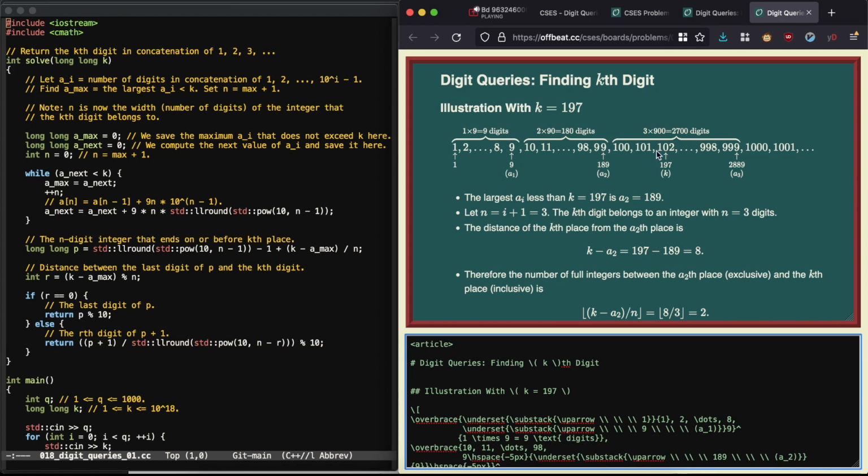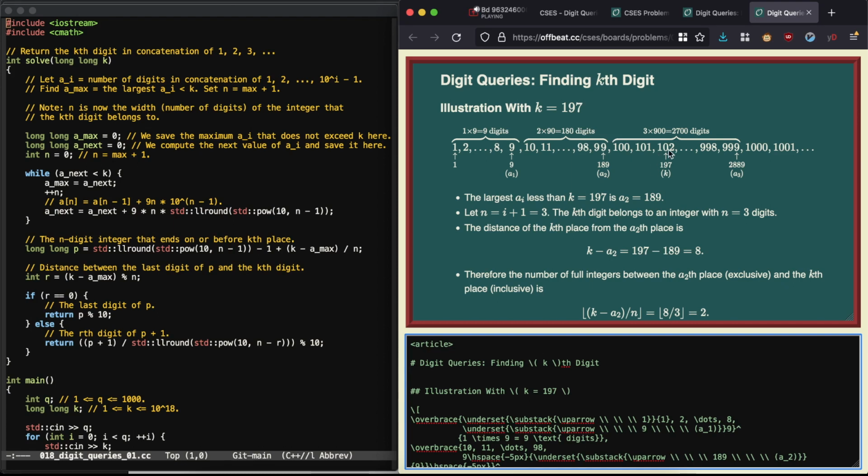The next question is, how many extra digits are there? There is like a spillover. There are some extra digits still lying there, and how many of them are there? 197 minus 189 is 8, and each integer is consuming 3 digits. So 8 modulo 3 gives us a remainder 2.